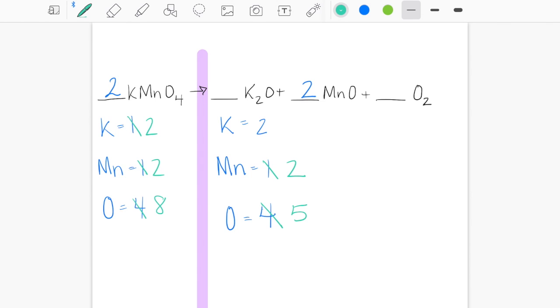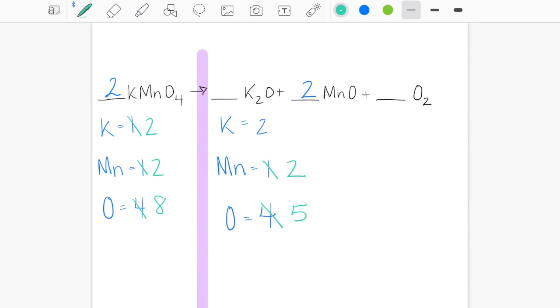So I want to manipulate this oxygen here on the end because if I were to add a coefficient here, it's going to mess up my potassiums again. So really the only thing I want to add a coefficient to is this one. Okay, so if I look at the rest of the problem, I have 1 oxygen here and I have 2 oxygens here.